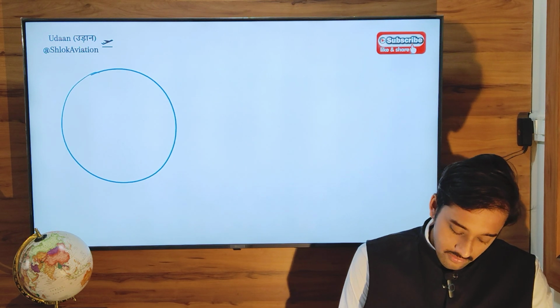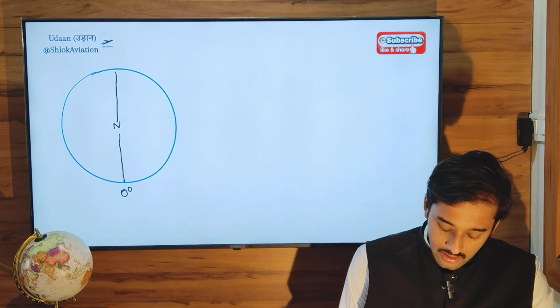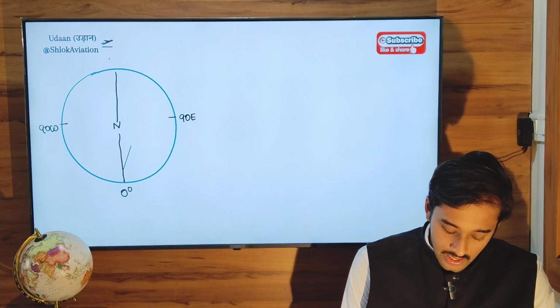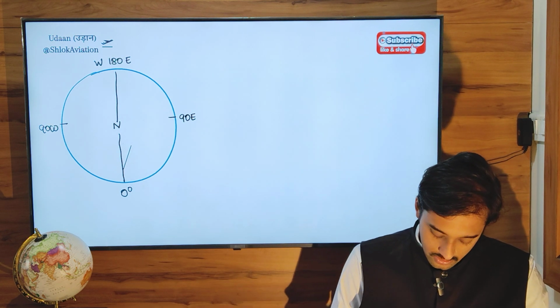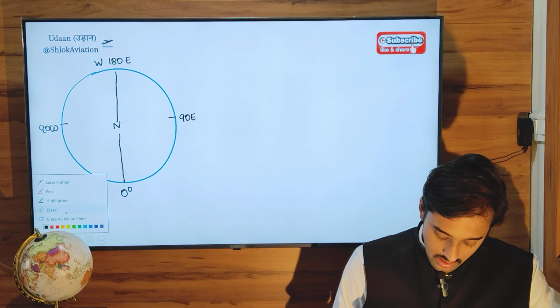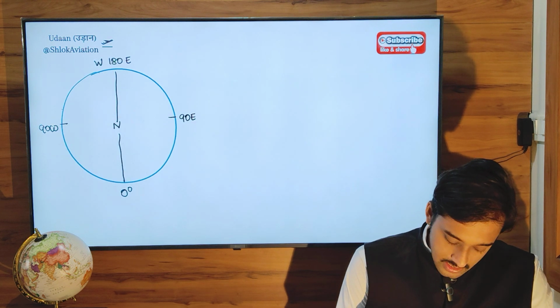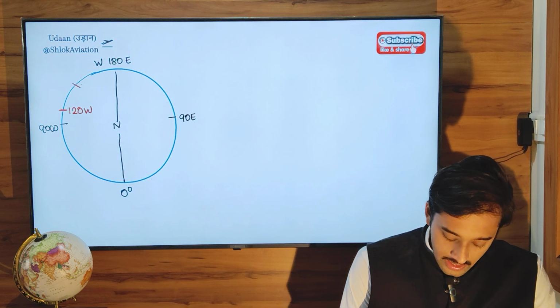Like always, we have the North Pole, prime meridian, 90 east, 90 west, 180 east and west. The first, 120 degrees west, will be somewhere here, and 140 degrees 30 minutes west.